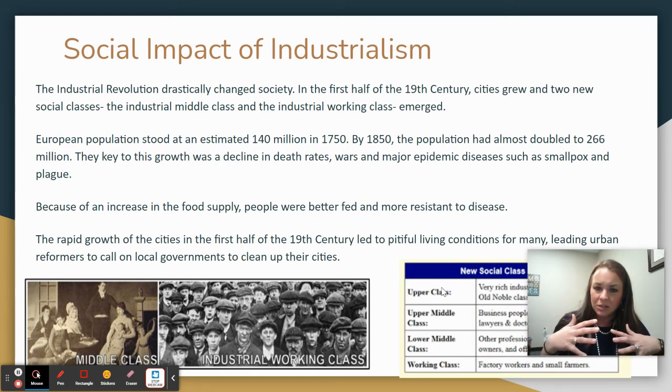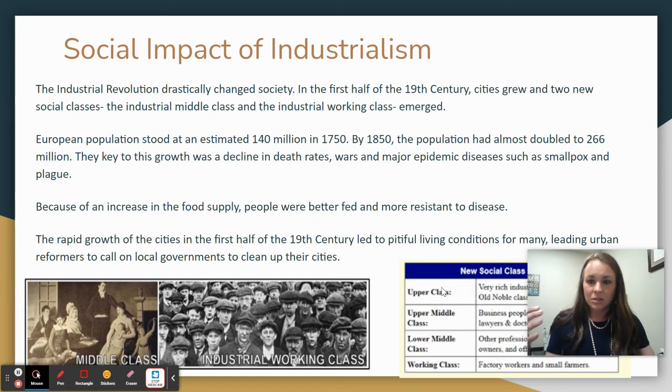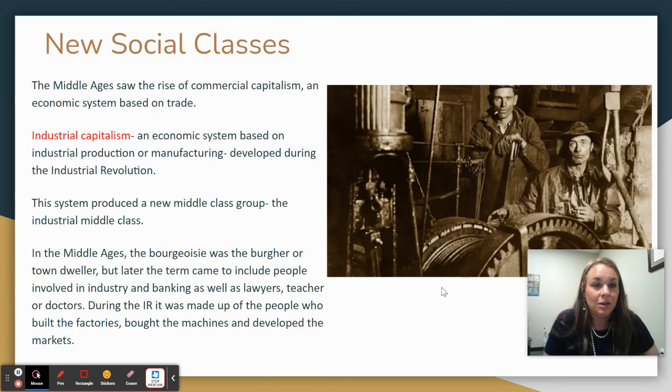They're dealt with in a different manner. And again, because people are having an increase in their standard of living, overall they're just doing better. Like you don't have as many people just dying left and right as we used to. So all of this leads to societal change. And again, these new social classes also shake up politics, right?